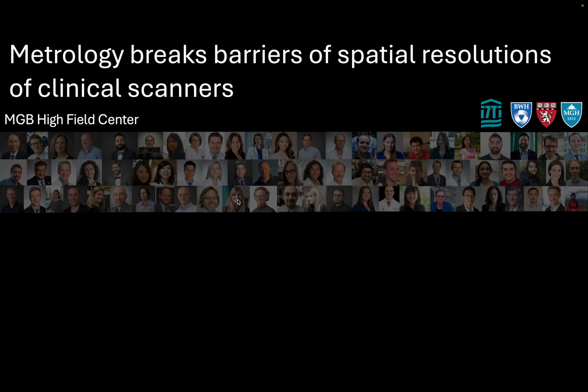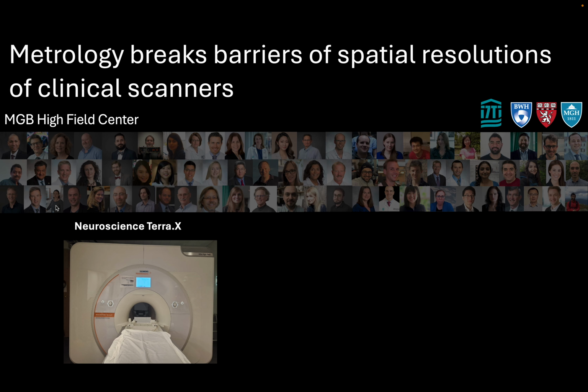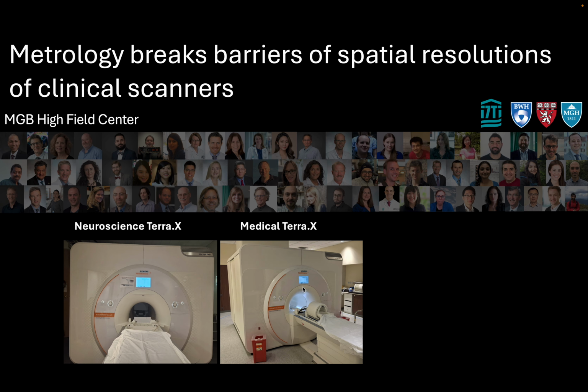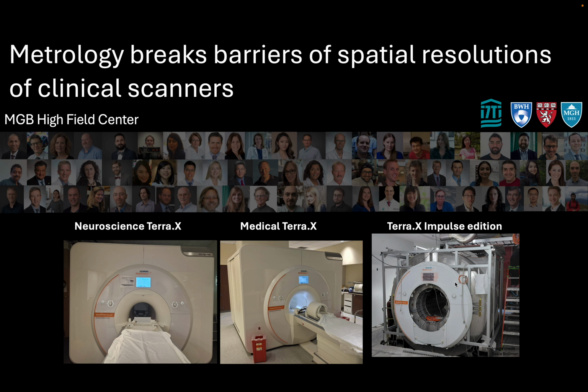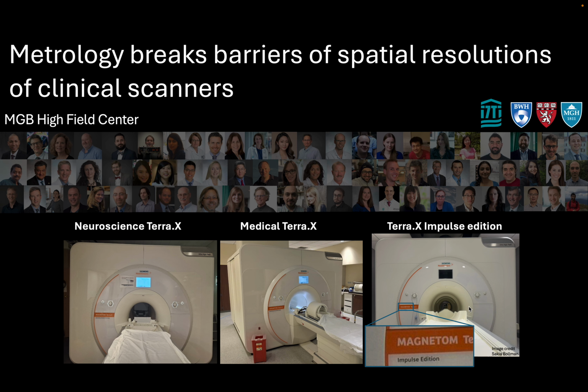So we need to do a lot of metrology in order to kind of retrofit them and configure them rightly, which is something that is specifically of my concern as I'm involved in this MGH High Field Center, where we have 3 scanners available. We have one Neuroscience TeraX scanner, we have a medical TeraX scanner in the radiology department next to the patient beds, and then also we have this very specific dedicated TeraX Impulse scanner that currently looks like this, and hopefully next month it will look something like that.